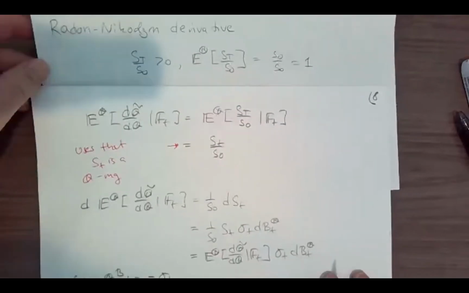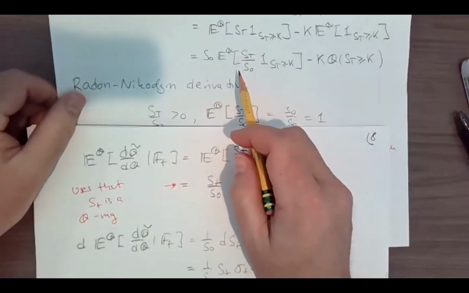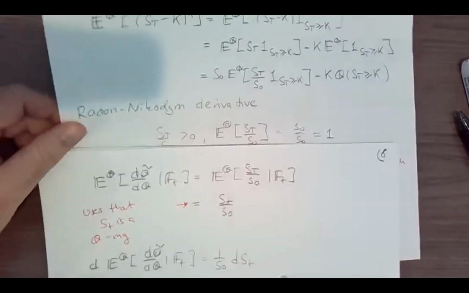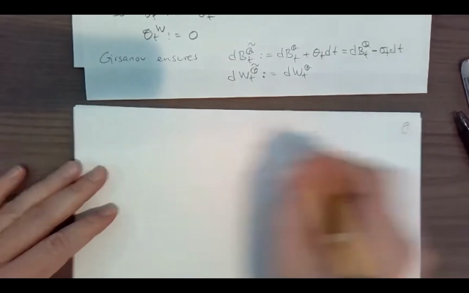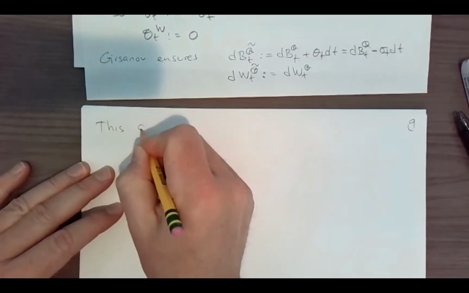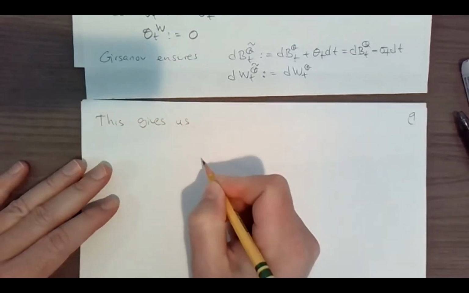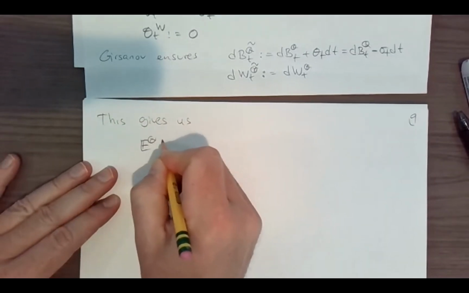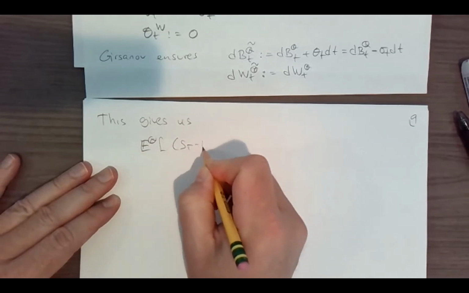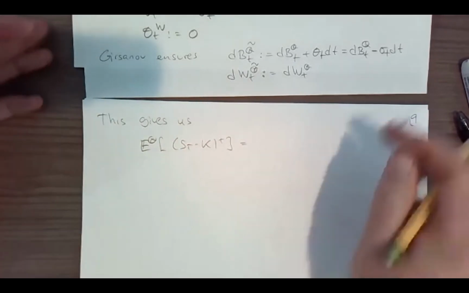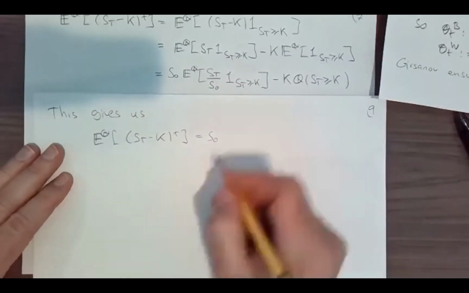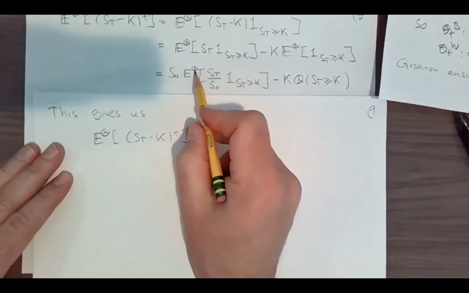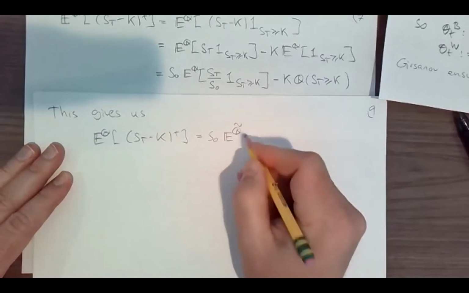Okay, so long story short, we can now finally return up here and work out what these two terms are. So this gives us that the expectation we are hunting, (S_T minus K) positive part, you can really work this out quite explicitly as S_0 times an expectation, but now instead of having it under Q, you're going to have it under Q tilde.